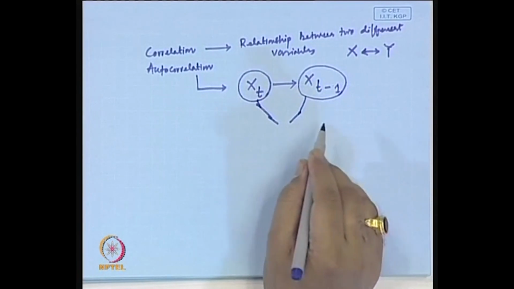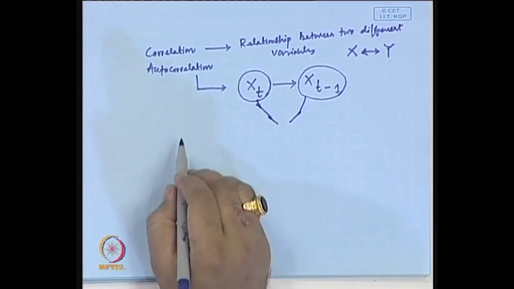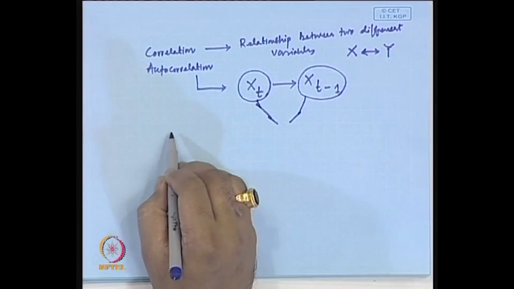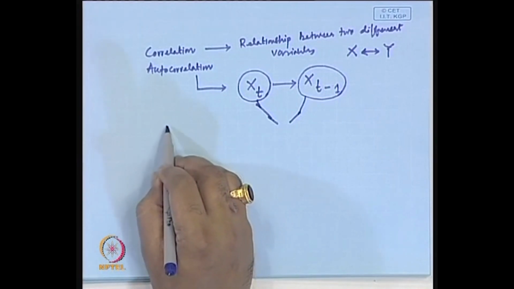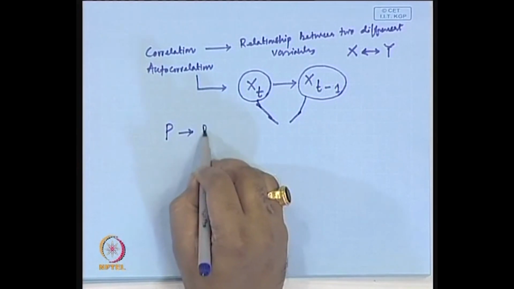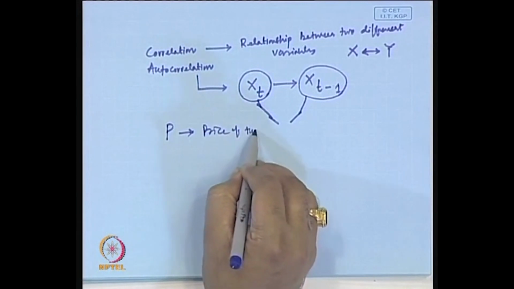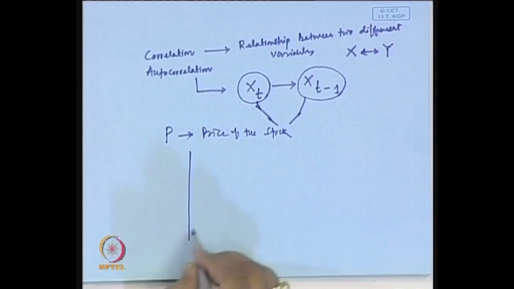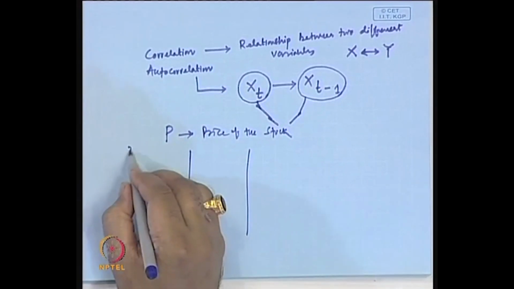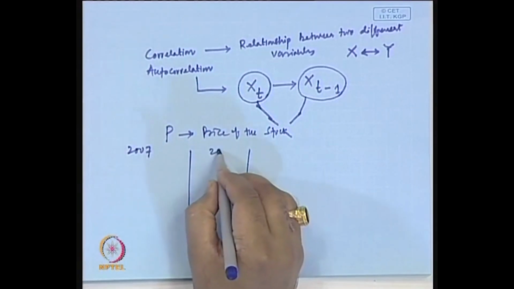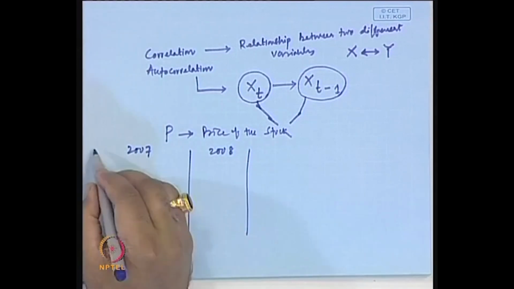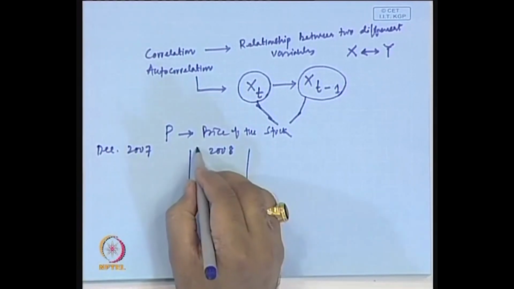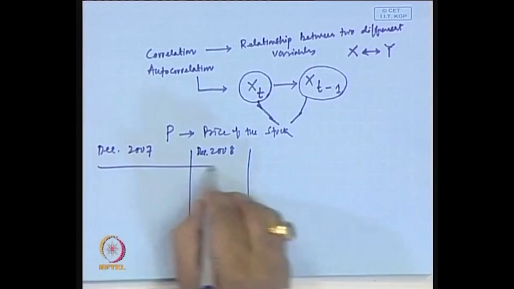Whenever we talk about the stock market, we generally get the price of the stock. For example, you have two different periods, say December 2007 and December 2008.